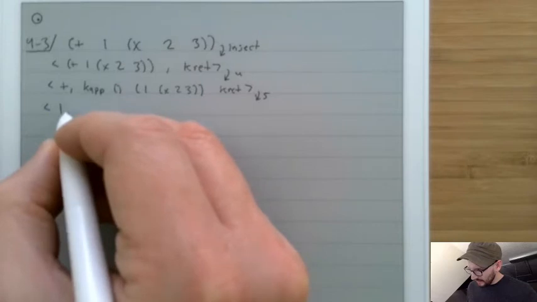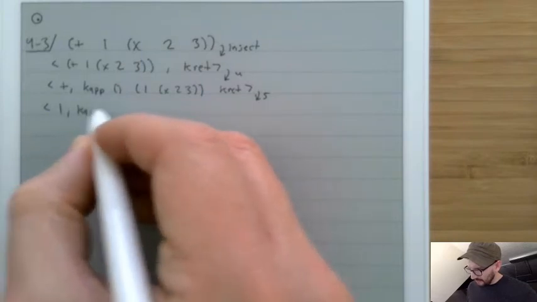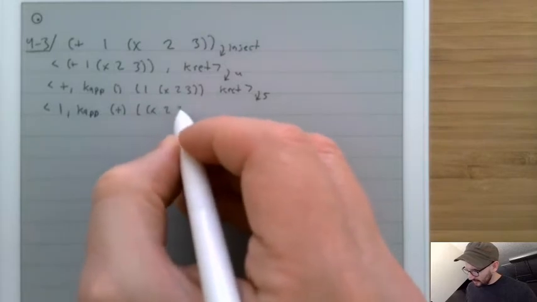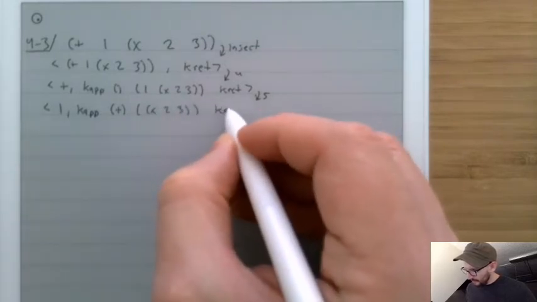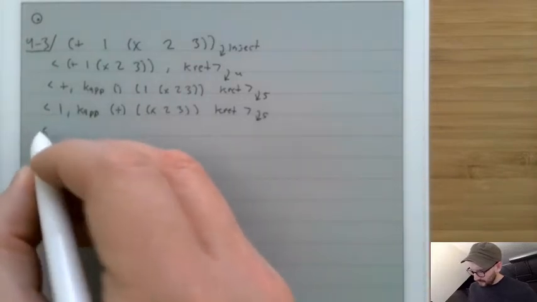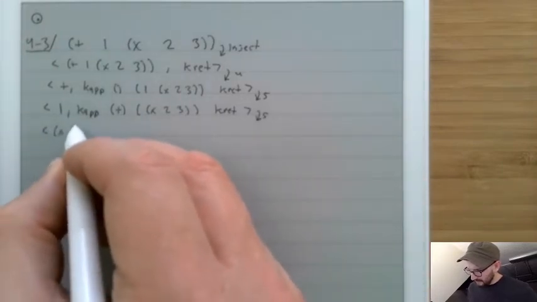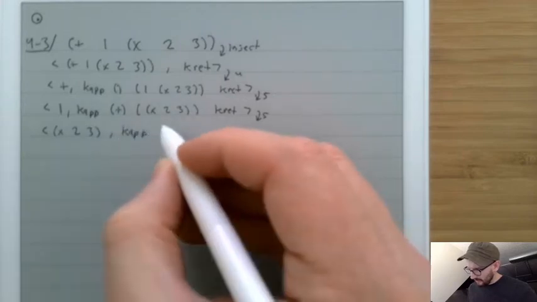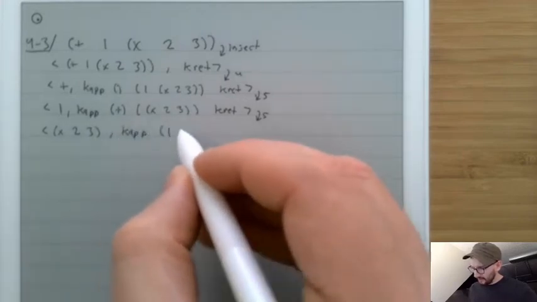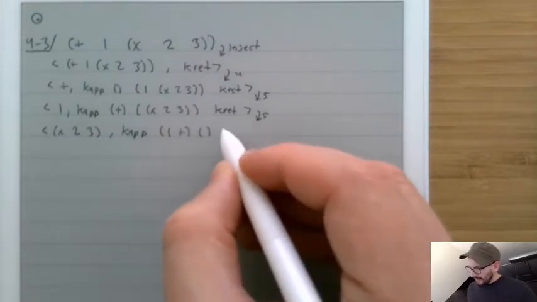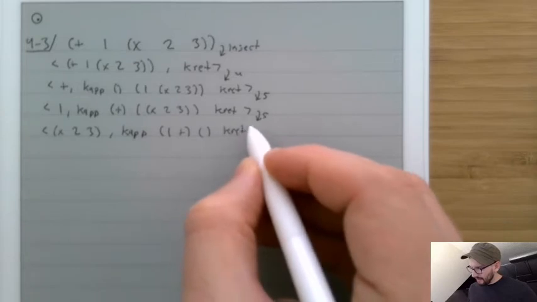So we have a 1 here, then a k-app with a plus, and a times 2, 3, k-ret. Then we have another rule 5, where we have times 2, 3, k-app, and then to keep this constant, we have 1 plus. And then this is empty, k-ret.